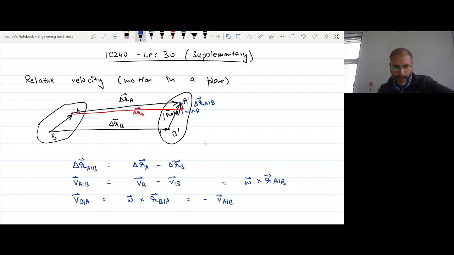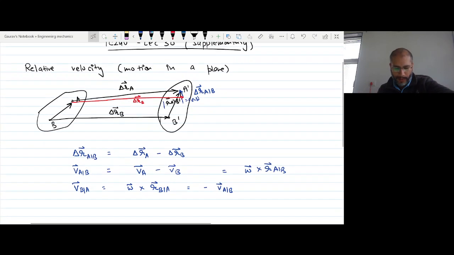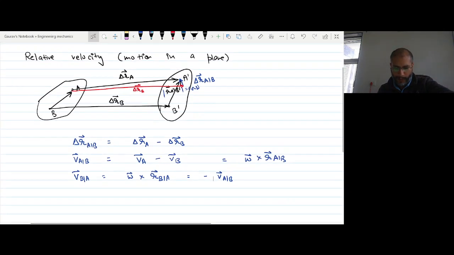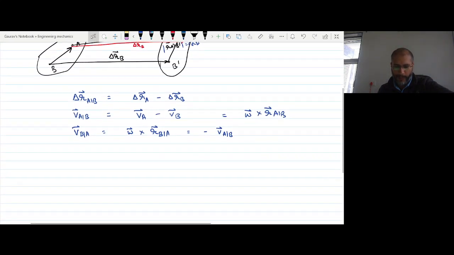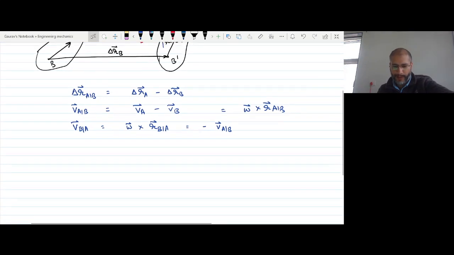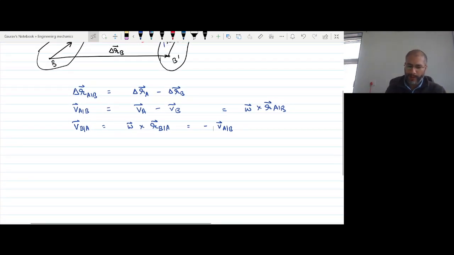So this allows us to study motion relatively from one point or the other when the body is rotating and translating. So translation effects are removed, only the rotation effects matter when you take relative velocity, relative motion.